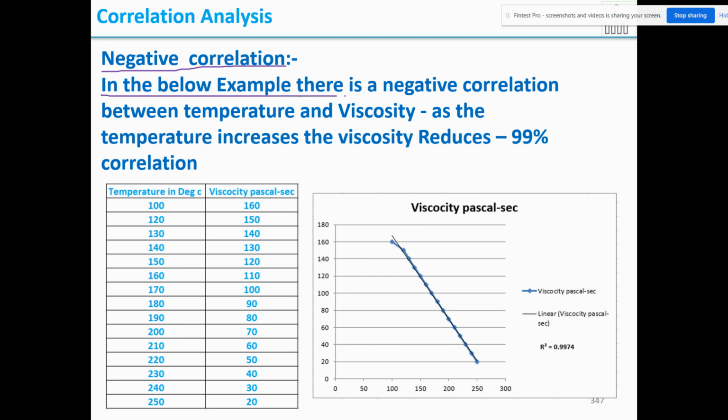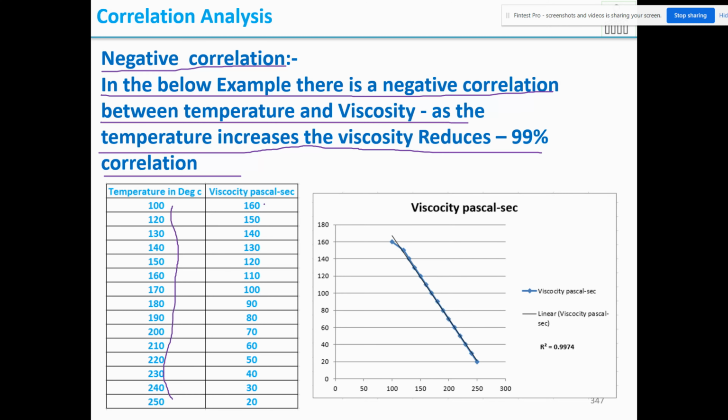The next one is negative correlation. In the below example, there is a negative correlation between temperature and viscosity. That means as the temperature increases, the viscosity reduces, with 99% correlation. It is not increasing, but there is a strong correlation.